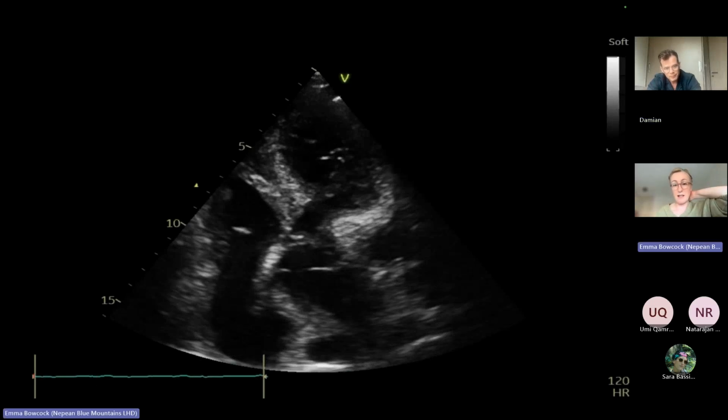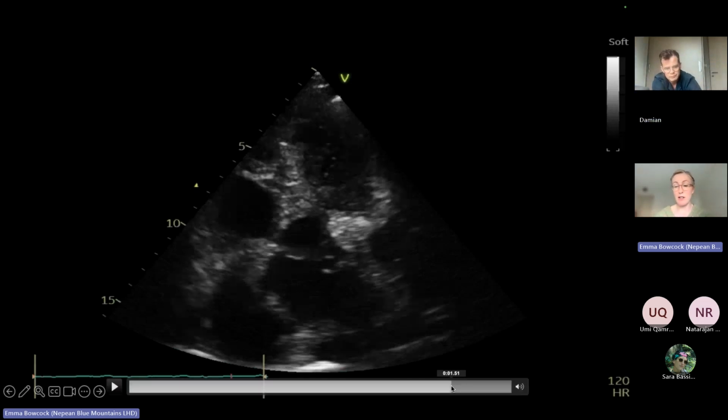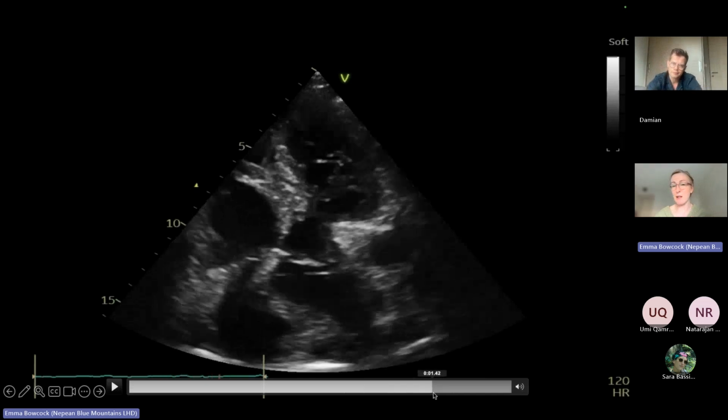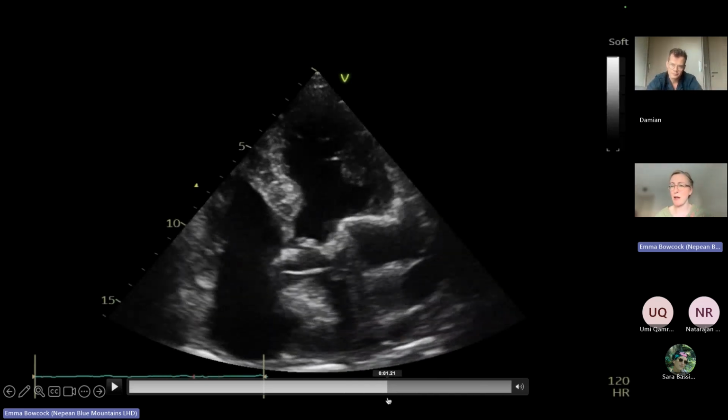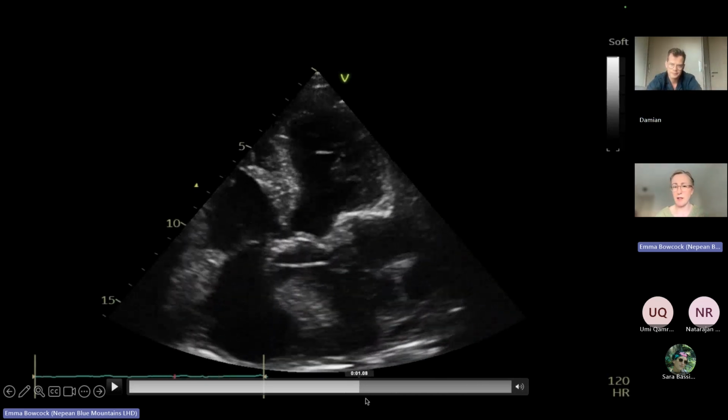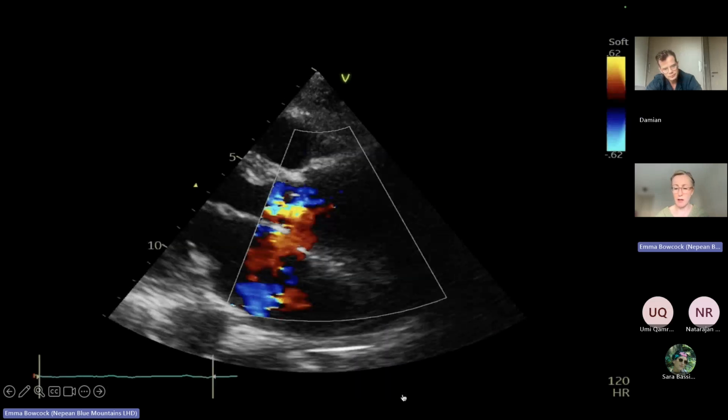Yeah, very nice. And that's a good thing to point out, because what you're doing here is you're tilting down anteriorly. So you're actually not cutting through the axis of the LV properly to comment on regional wall, or to comment on systolic function, because it doesn't look too bad there, does it? But in fact, this lady had moderate LV impairment because she had chronic heart failure as well with her comorbidities.